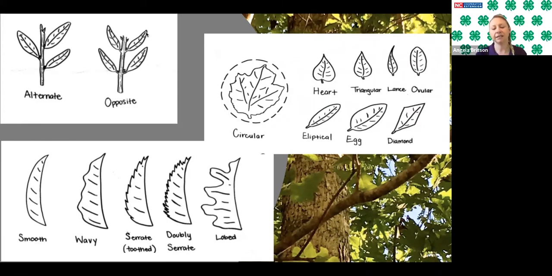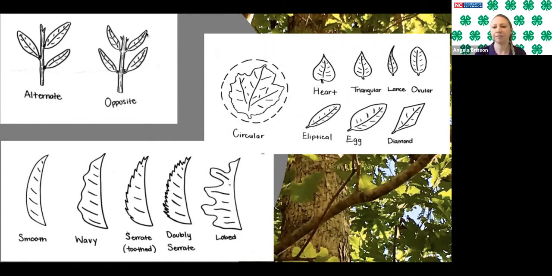Another thing to take into consideration when you're looking at leaves is the actual shape of it, which is what you see on the upper right-hand corner here. You can have a generally circular shape, so that would not have very many lobes on it.